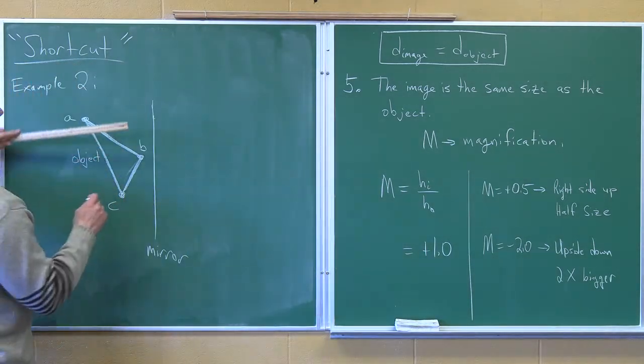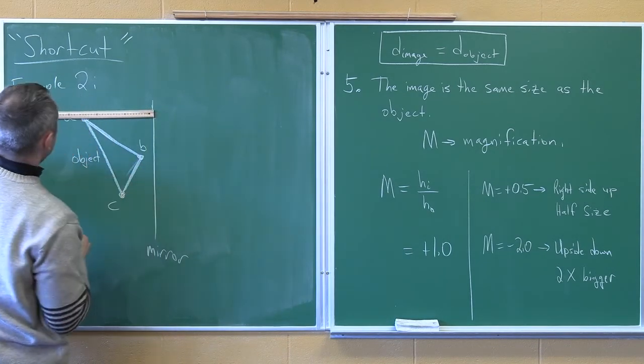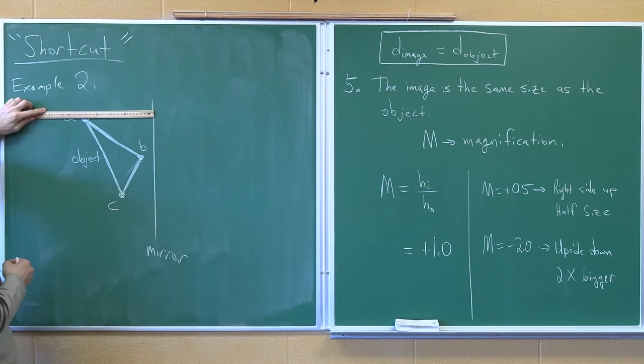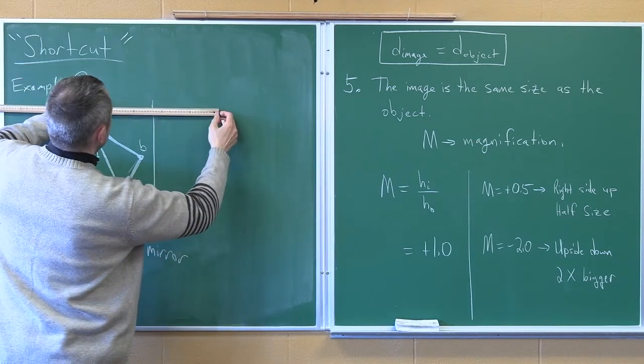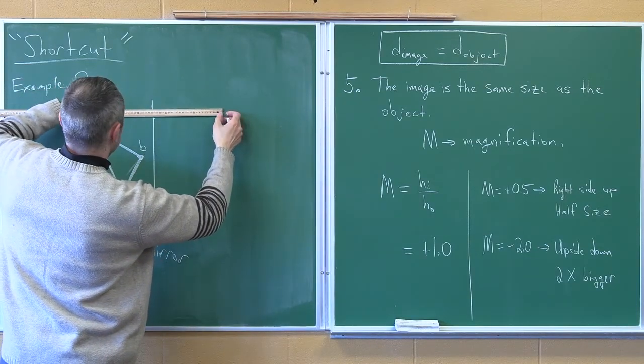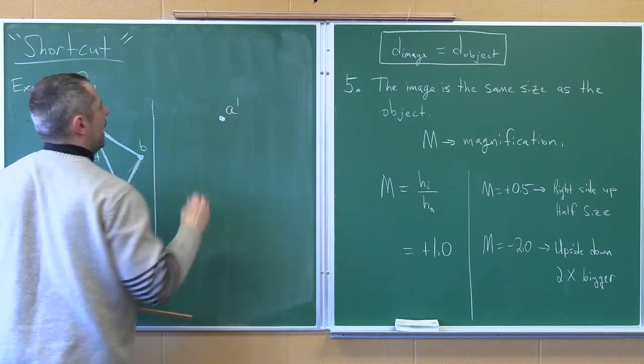So for example, A is about 24.5 centimeters in front of the mirror. The image of A will be 24.5 behind the mirror. And I'll label this A prime instead of A.